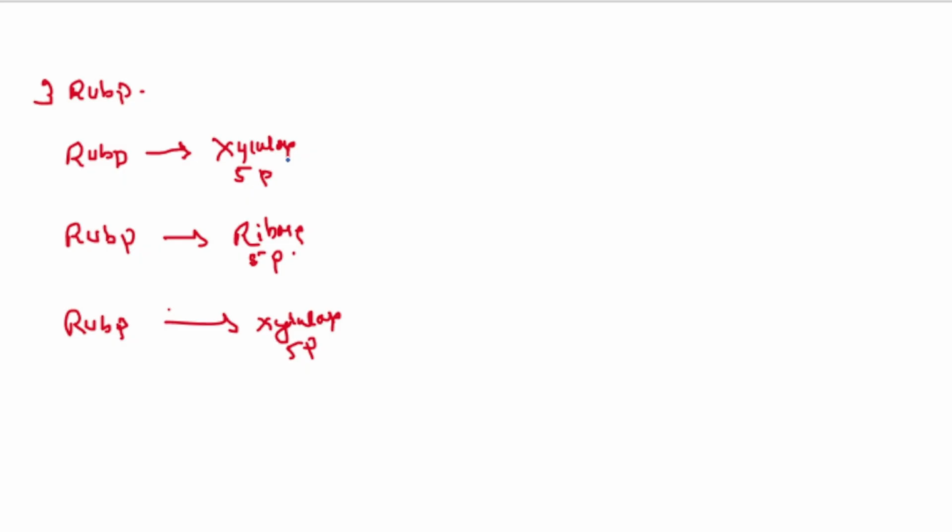First there is utilization of xylulose 5-phosphate and ribose 5-phosphate, for which one enzyme is used, known as transketolase. What this transketolase will do is help in transferring 2 carbons from one molecule to the other.